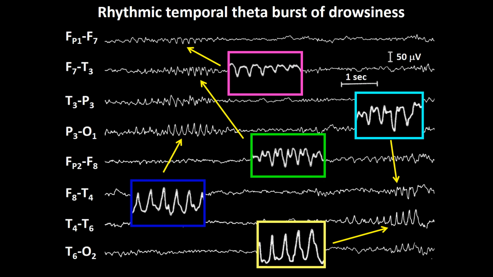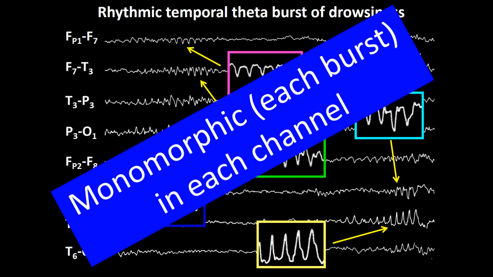So with the one in the yellow rectangle. The point of showing you all these rectangles is for you to notice that within a burst they tend to look very much alike, but the waves themselves may be quite different from each other.